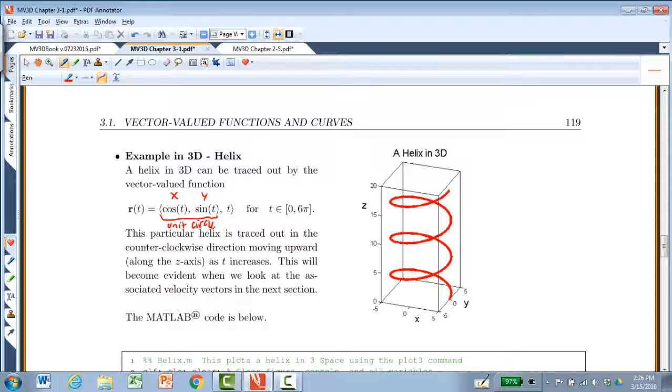And then this is z, that's just growing as t gets bigger. So as t goes from 0 to 6 pi, I'm going to trace out that circle once, twice, 3 times. But while that's happening, z is going to increase. So there I'm going once, twice, 3 times, and z is going up like t. So that gives you my helix.